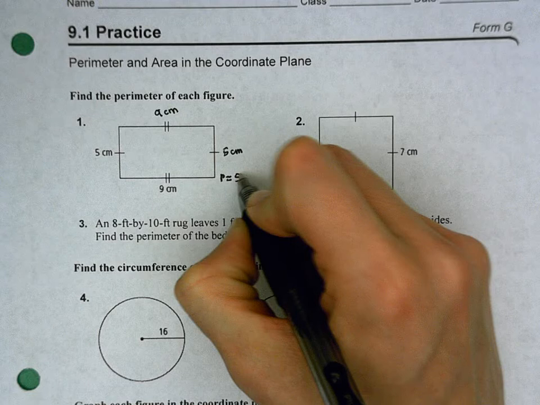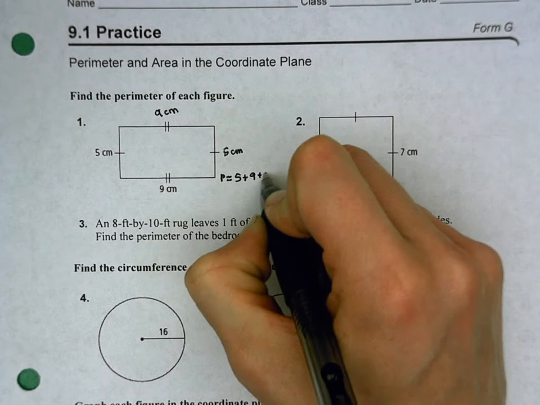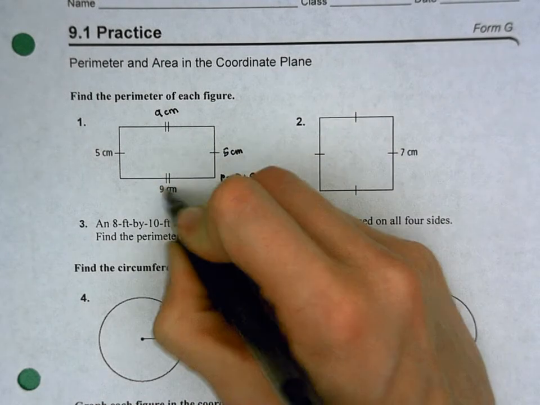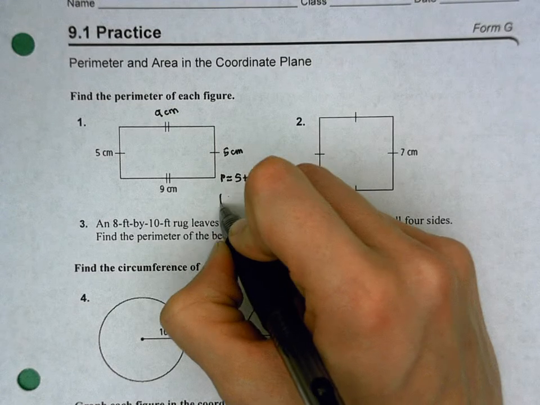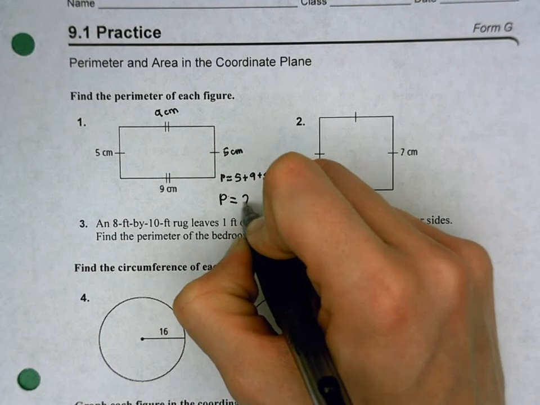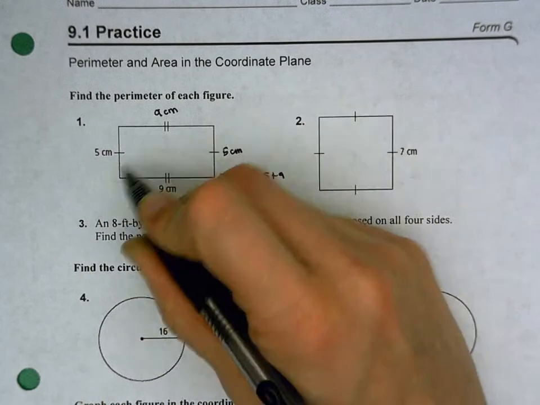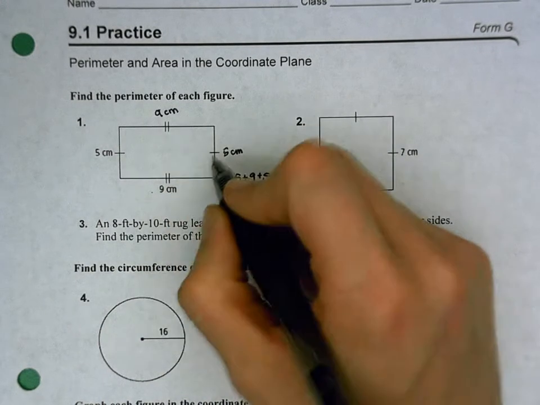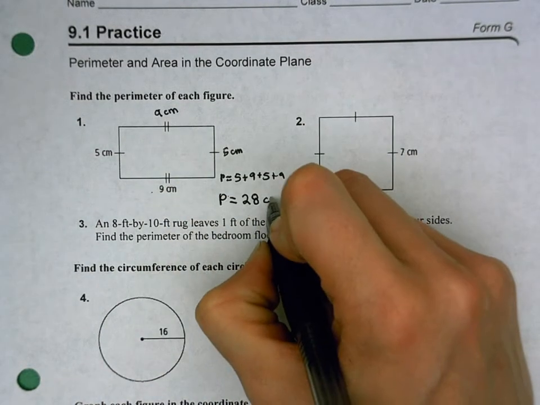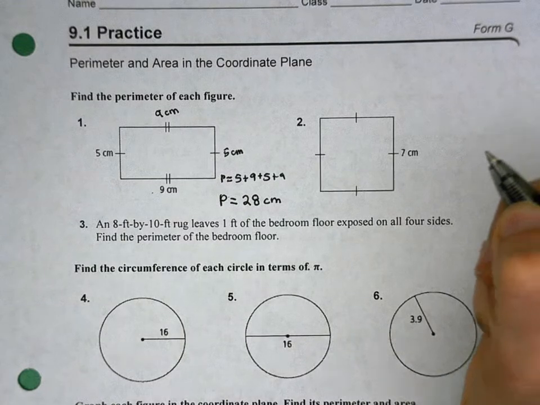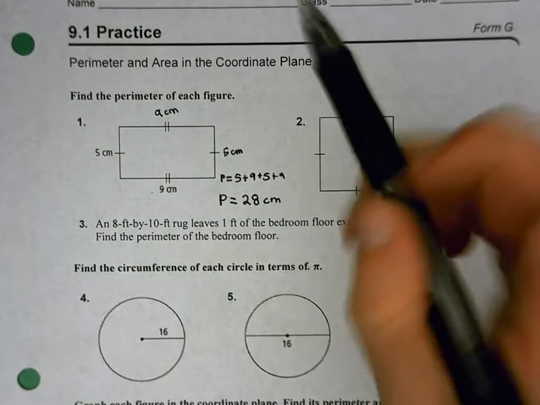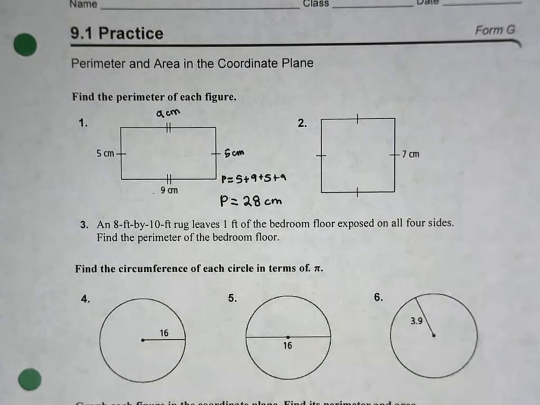We'd do 5 plus 9 plus 5 plus 9, each of the 4 sides. And so our perimeter would be 28. And for perimeter, since we are just adding sides together, we aren't multiplying the sides, it's just 28 centimeters. And so that's how you'd find the perimeter of a rectangle or of a square.